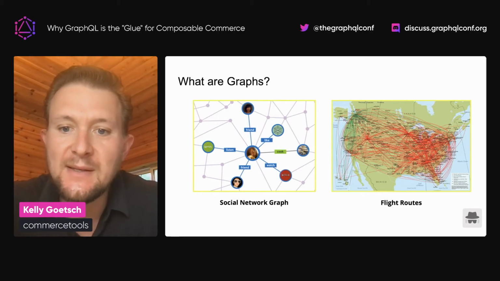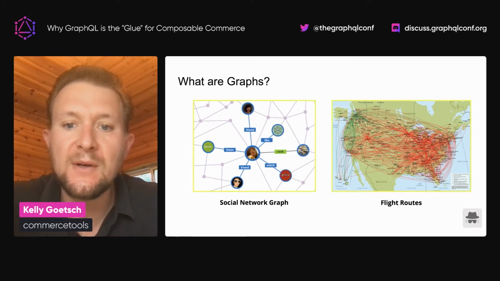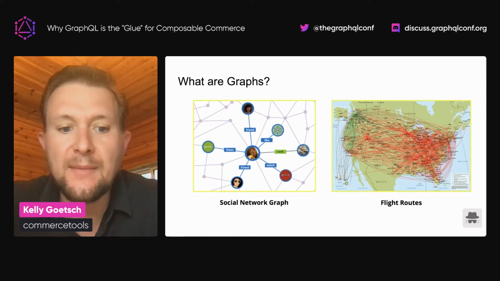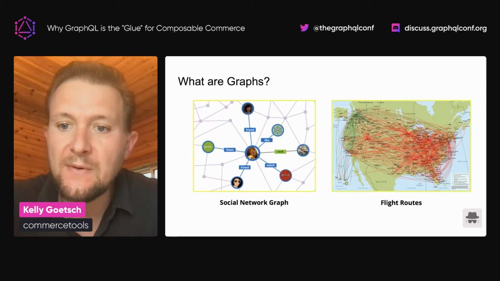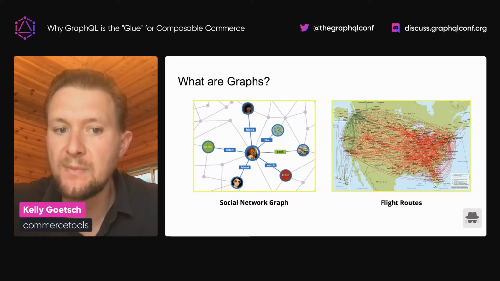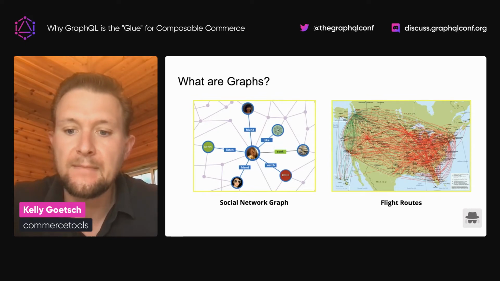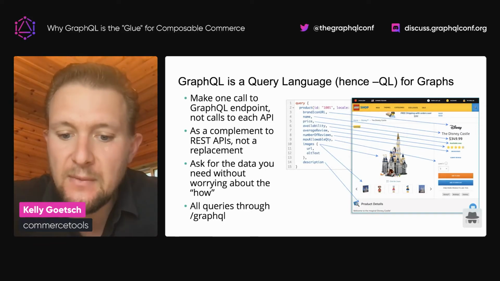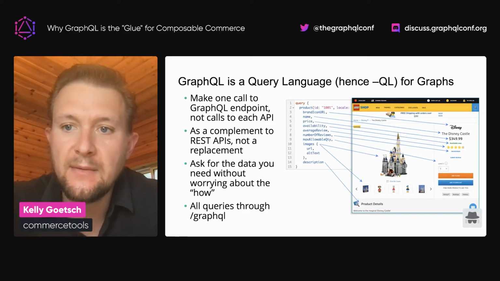But think of graphs as flights, for example, between cities, or your friend social network graph, or think of them as subway stops, for example. Those are all examples of graphs. You have individual points, and then you have relationships between those points. And GraphQL is a query language, right? Which is why we get QL there for APIs.